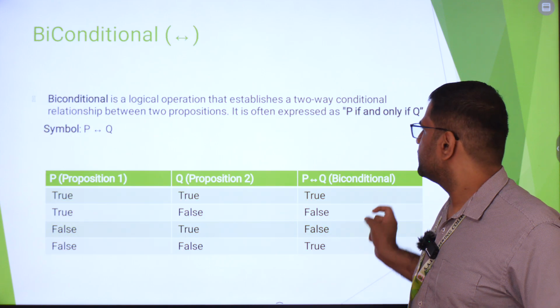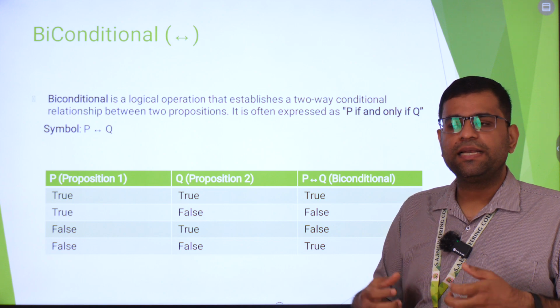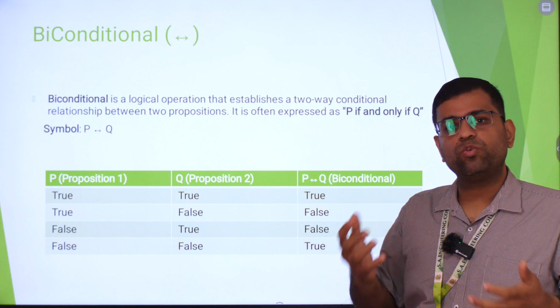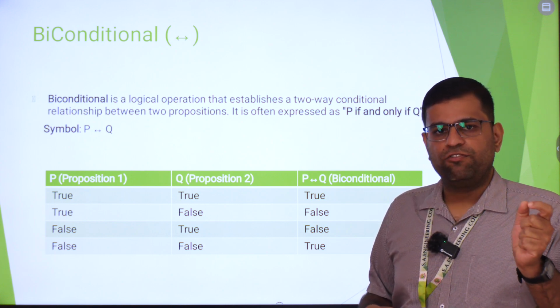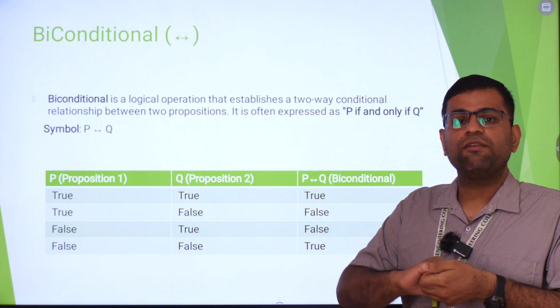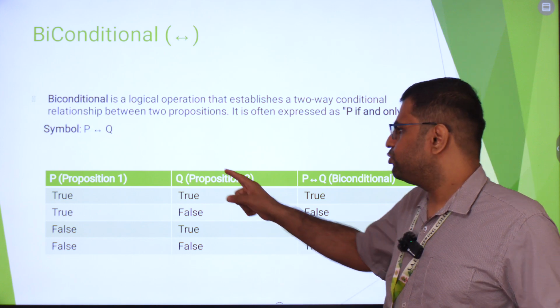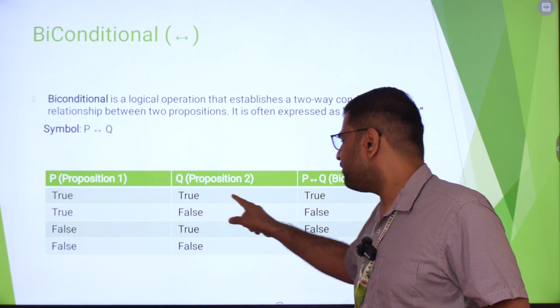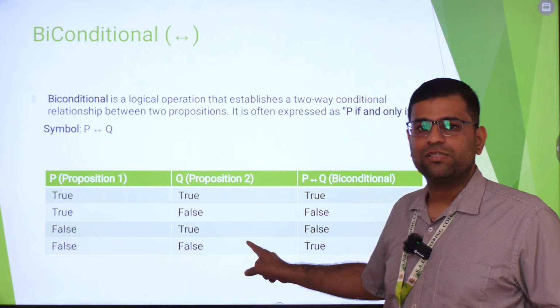The next one is biconditional. Biconditional basically means that it forms a relationship both ways. Implication forms a relationship one way: if P, then Q. Biconditional forms a relationship between P and Q. It is true when both the values are true, and it is true when both the values are false.